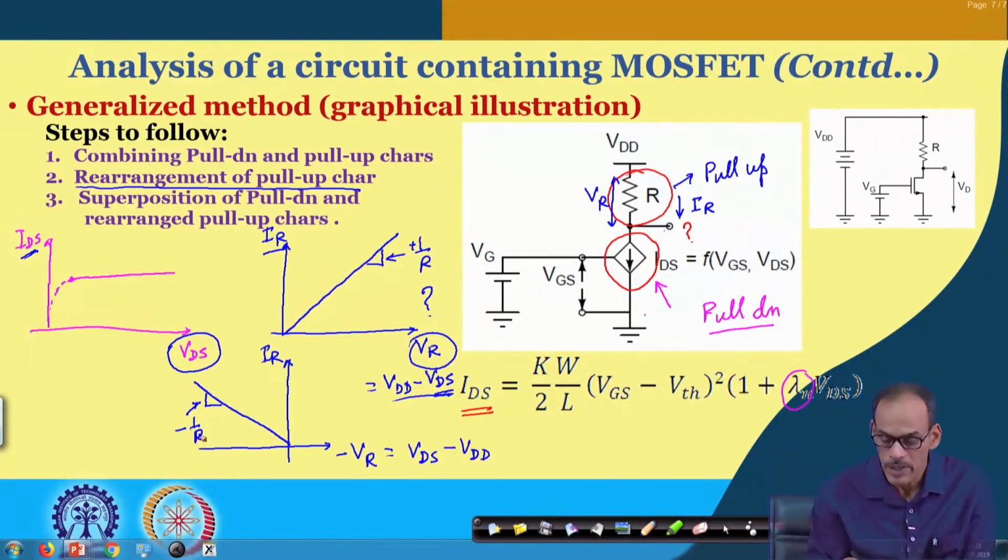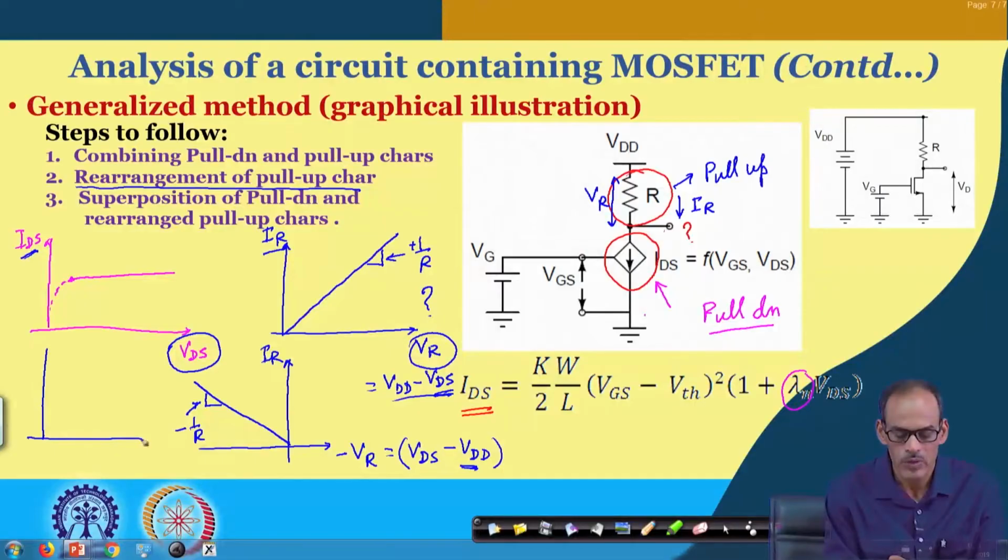And then this axis, of course, has VDS with plus sign here, but we still have the minus VDD part. To get rid of this, we further rearrange this characteristic, namely we plot IR versus VDD minus VR.